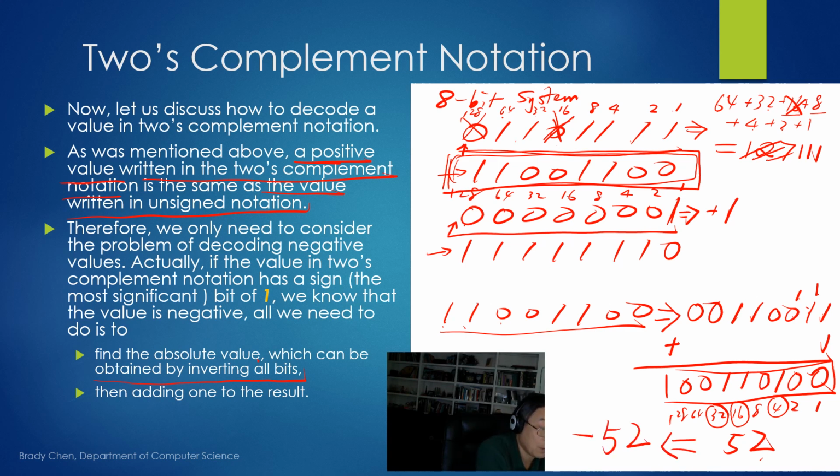Because we know the most significant bit is 1, so it's negative. So we find out the absolute value, and then for the final result we need to add the negative sign. So we can do this very simply, easily, right? What is this? Okay, I'll leave that to you.